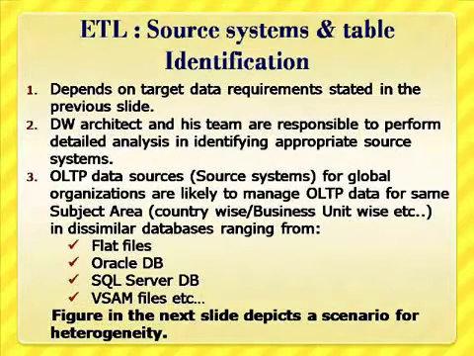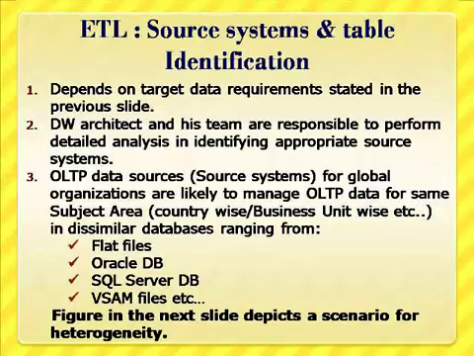Source systems and table identification in the ETL process depends on the target data requirements stated in the previous slide. So, the identification of the source systems and the corresponding tables in the source system will depend on the data requirements of the target data.